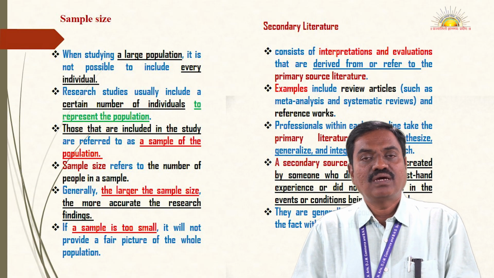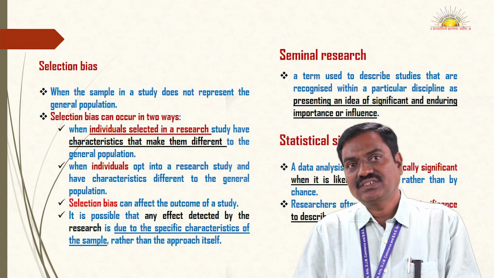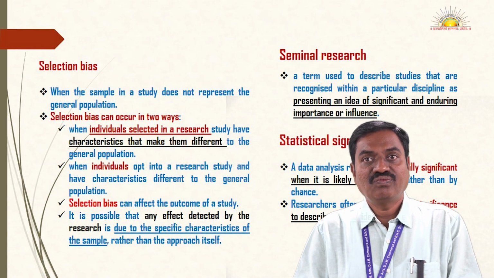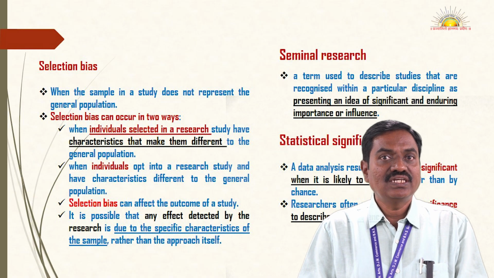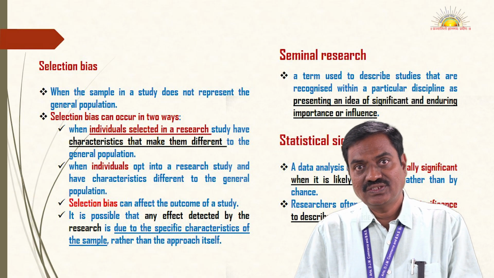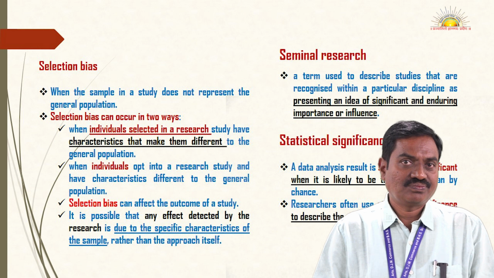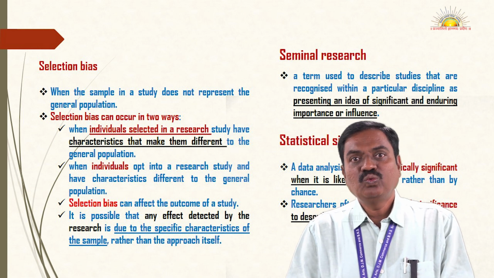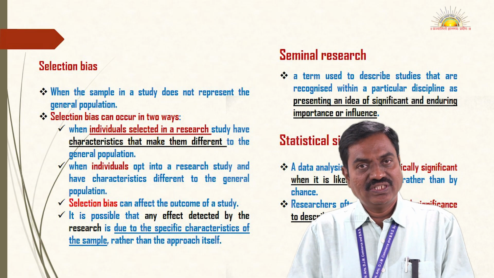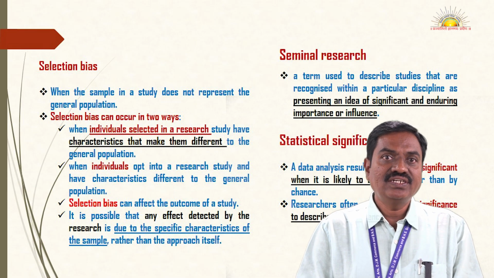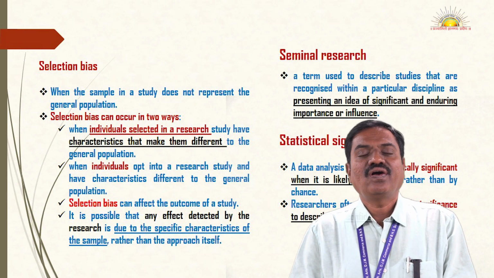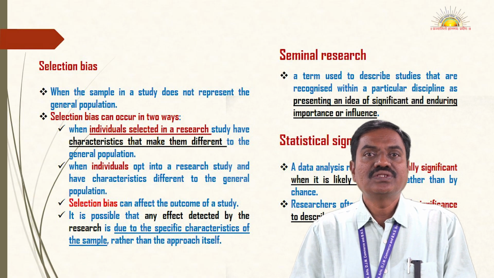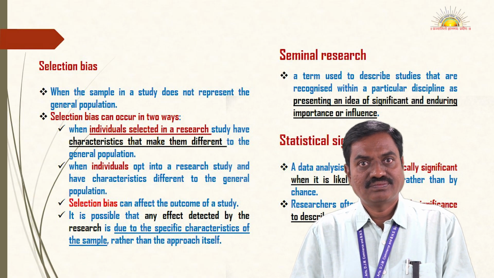The next term that I am going to talk about here is selection bias. It is when the sample in a study does not represent the general population. Selection bias can occur in two ways. Firstly, when individuals selected in a research study have characteristics that make them different to the general population.